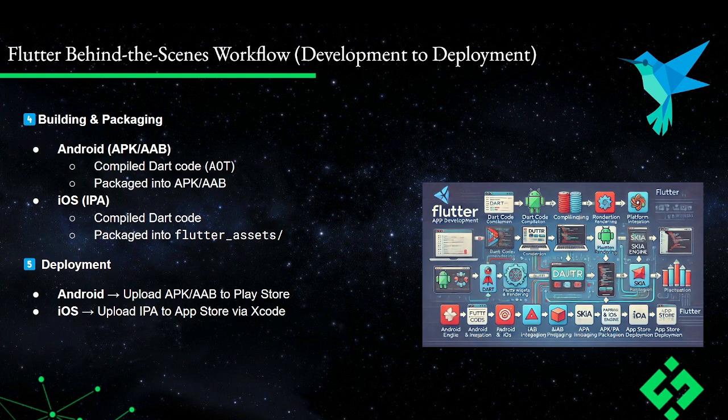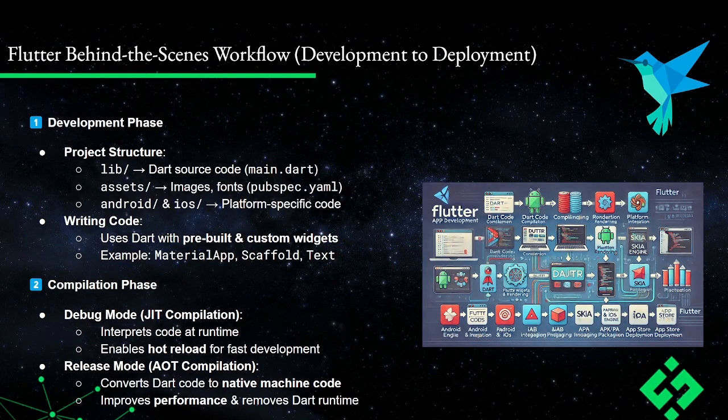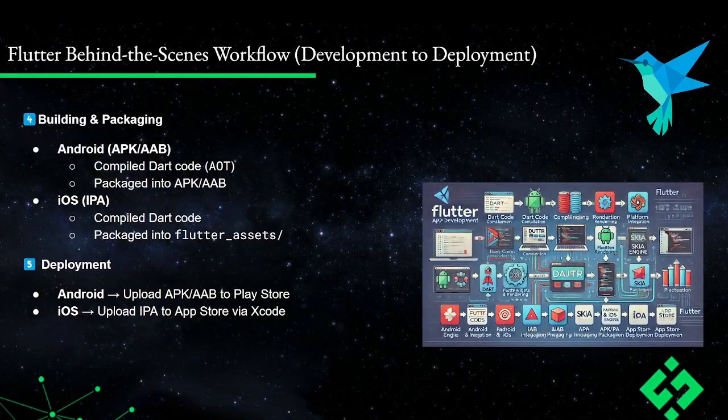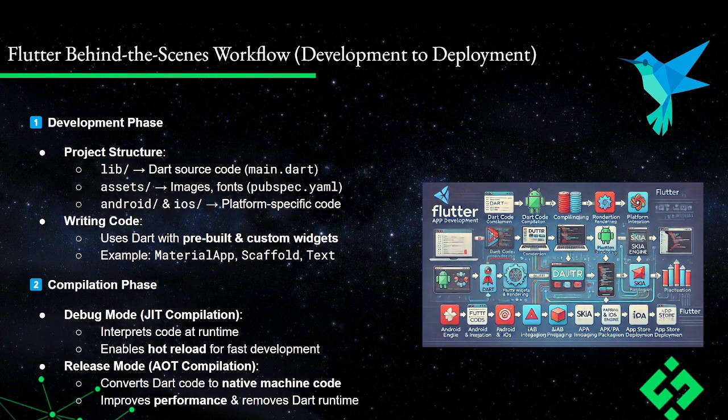And similarly in iOS, similar things take place. Instead of Play Store, we will upload the app bundles in App Store. So these are the steps from development to deployment: development phase, compilation phase, build and packaging phase, and deployment phase. So this is the basic workflow of Flutter behind the scenes from development to deployment.